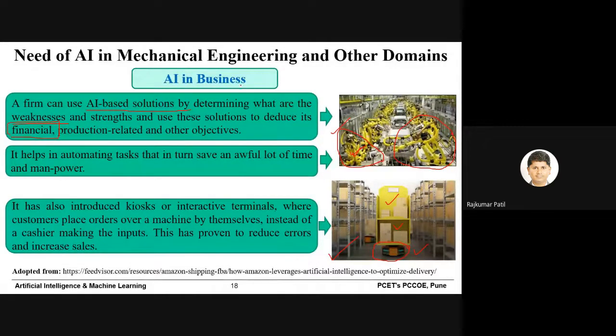So whatever AI technologies we see today or will see in the future, they will not reduce employment. They will shift the area: in one area there will be less requirement of manpower, but at the same time, for the maintenance of robotic systems and the design and development of AI-based systems, employment will be more.